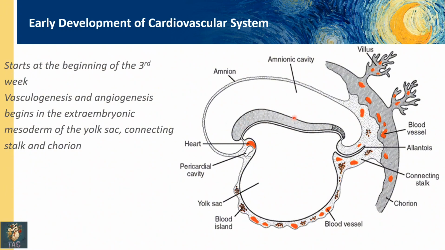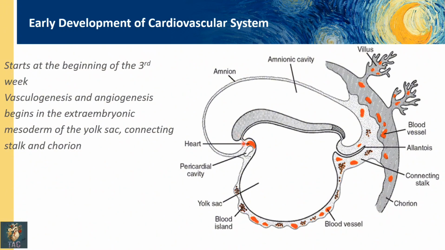So at this stage, the cardiogenic primordium of the cardiovascular system is laid down. The development of the cardiovascular system takes place by two processes: the first is vasculogenesis and the second is angiogenesis, and it takes place in three areas: the area of the yolk sac, the area of the connecting stalk, and the area of the chorion.